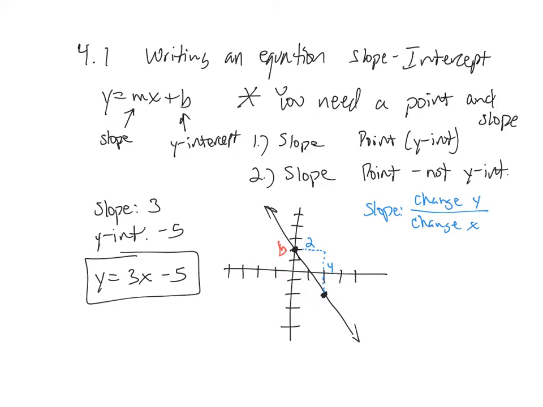So change in y over change in x is better. In this problem, the y direction is up and down. So it goes down 4, so we put -4, and it goes to the right 2. So the slope is -2. I plug in -2 for the slope and +2 for the y-intercept.